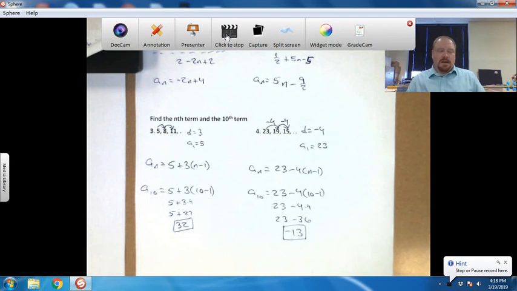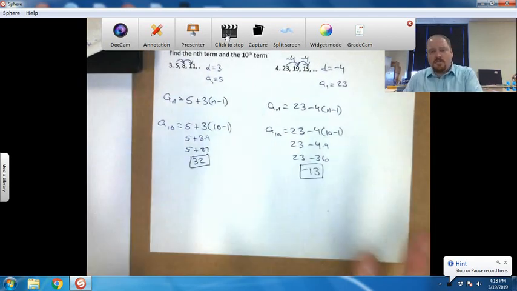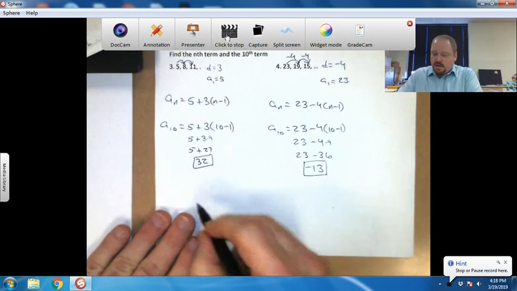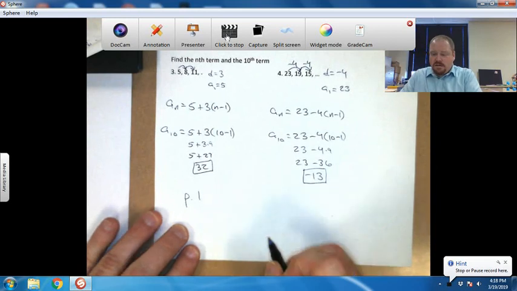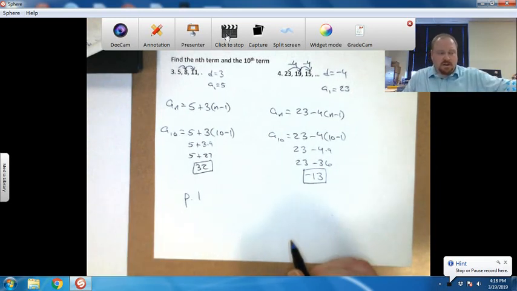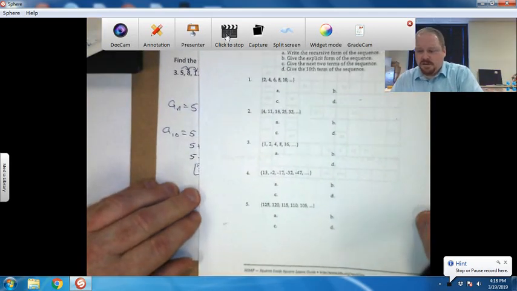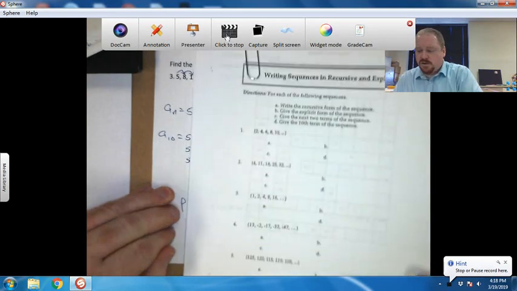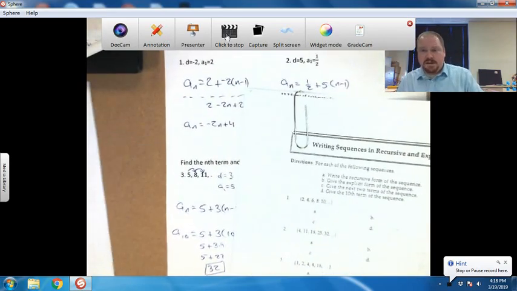Okay, so now what I'm going to ask you to do is you have all the information you need. Okay, you may complete page 1 in the packet. Okay, it looks like this. Okay, the first part asks you to write a recursive form sequence. So that's like what we did at the very beginning of the video.